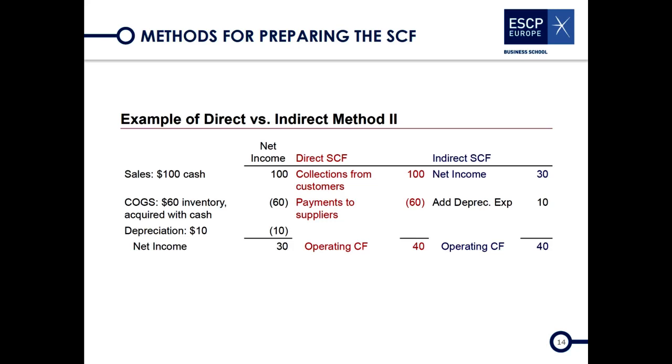In order to eliminate this depreciation expense, this non-cash item, we need to add back 10. The negative 10 is up in here, and to eliminate it, we add back 10, and we arrive at net operating cash flow of still 40.